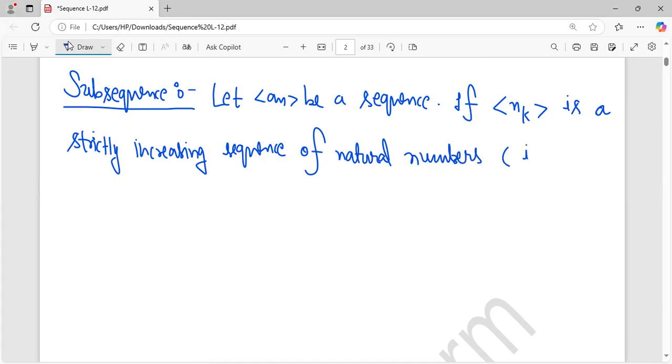It means n1 is less than n2, and n2 is less than n3, and this continues up to n_k, and this will go up to infinity.